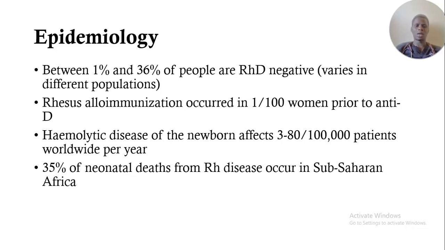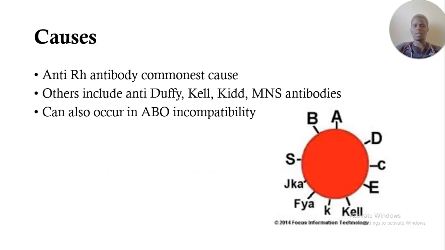We shall look into that shortly. And then the newborns born to these rhesus negative mothers are about 3 to 8 in 1,000 patients worldwide, and 35% of the neonatal deaths from this rhesus disease occur in sub-Saharan Africa.